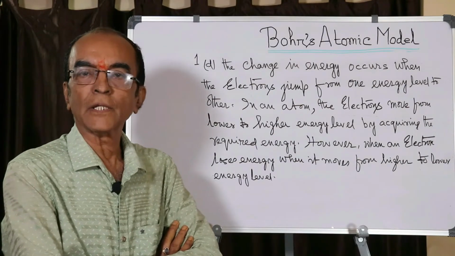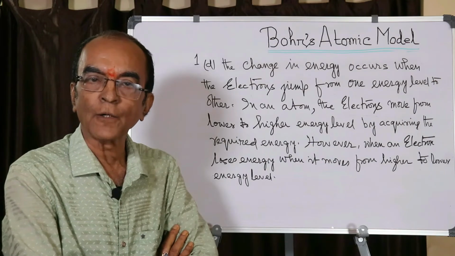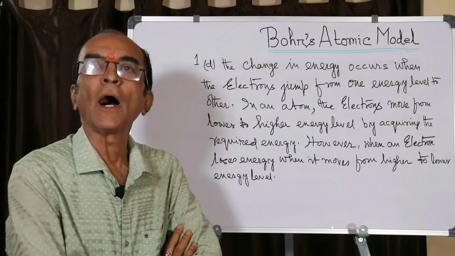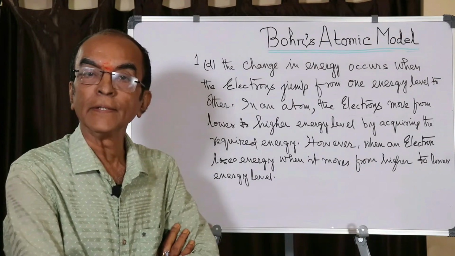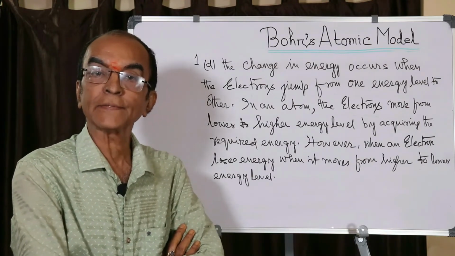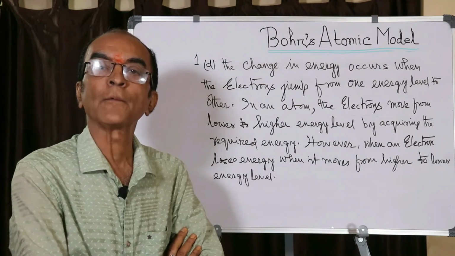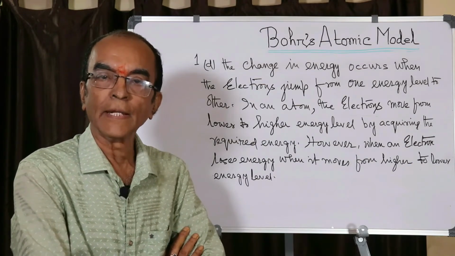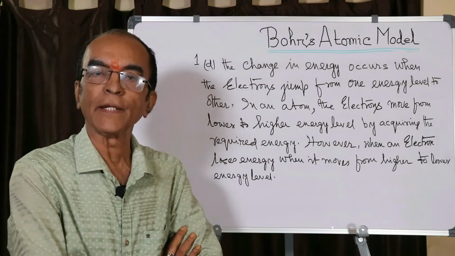Change in energy occurs whenever an electron moves from a lower to a higher shell by acquiring the required energy. At the same time, whenever the electron jumps from a higher to a lower energy shell, then it must lose energy.